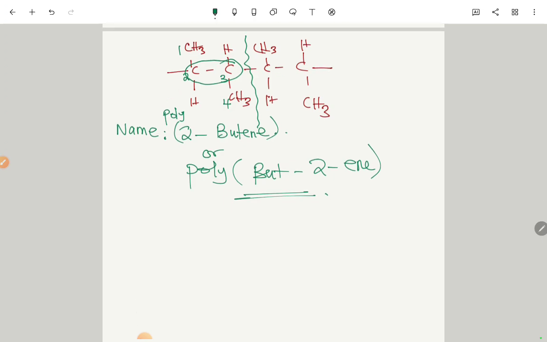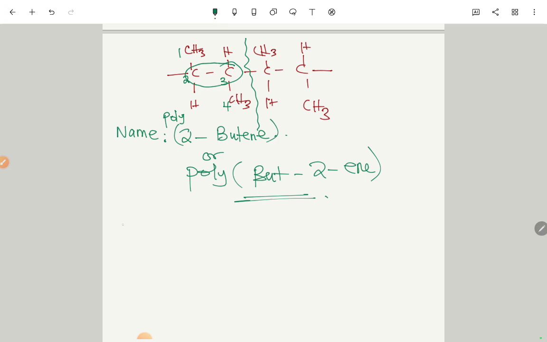Now, another question that can come on this is the structure of the monomer. When you want to draw the structure of the monomer here, you only get a repeating unit.